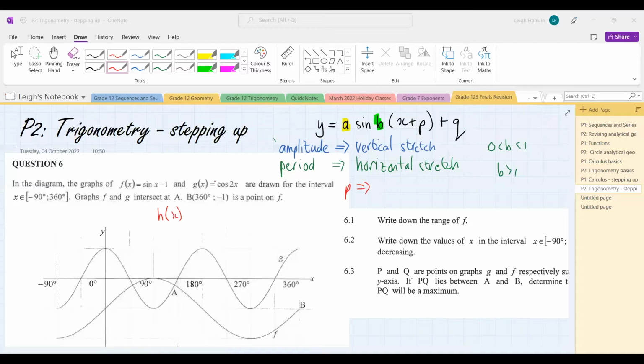Shift left and right, yes, that's true. Range is A and P is domain. So P is what the others were saying. In other words, it is shift left and right. So it's horizontal translation. Okay, so horizontal shift.